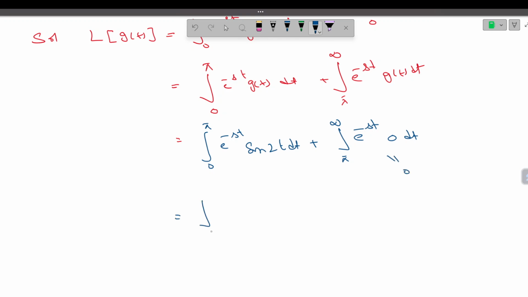Our problem is left with the integral from 0 to pi of e to the power of minus st sine 2t dt.